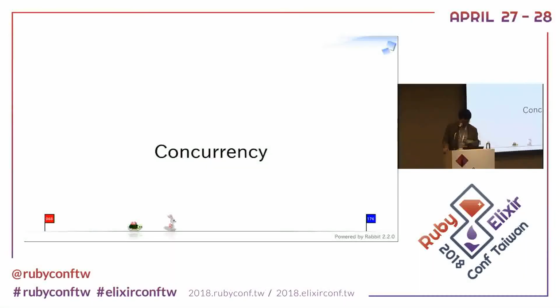So, concurrency. One of the most important aspects of the future is concurrency. That's the reason behind the Ruby Elixir conference, now the Ruby conference. We have tons of machines behind the cloud. We have multi-core in our laptops or mobile phones or everywhere.